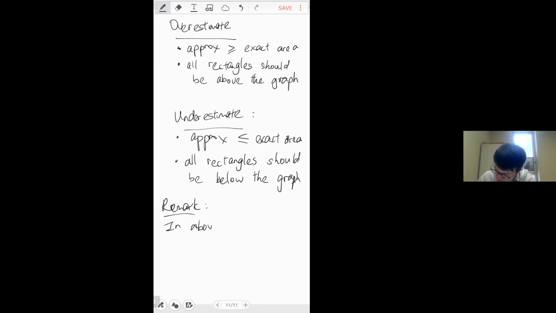In the above example, left-hand sum is the underestimate. Right-hand sum is the overestimate. But is it always true? Is this always correct?